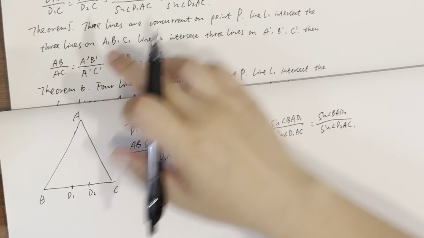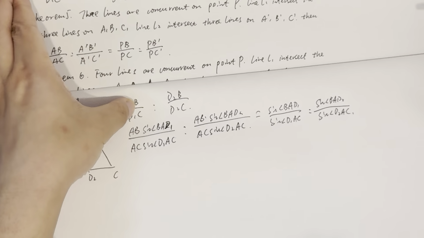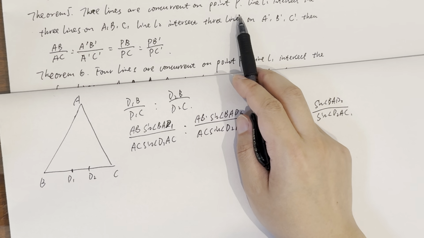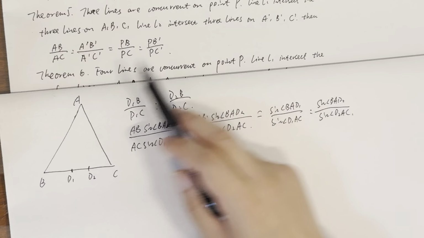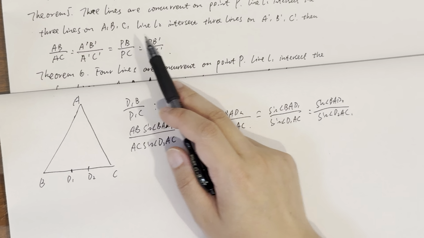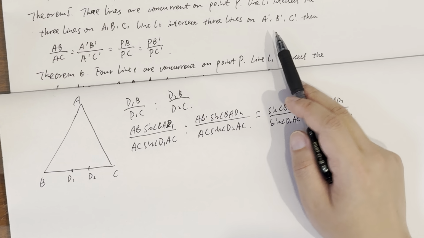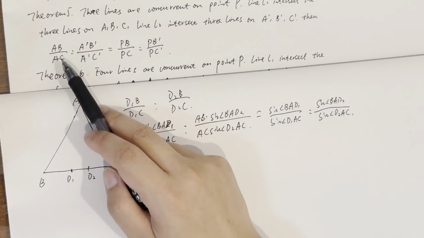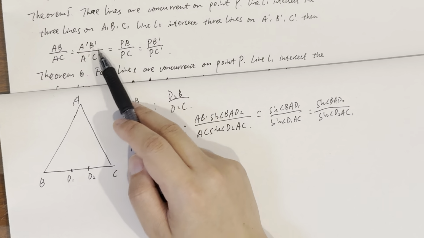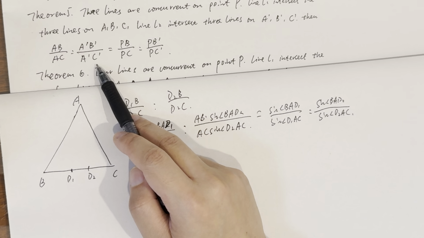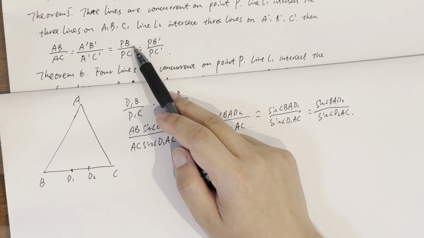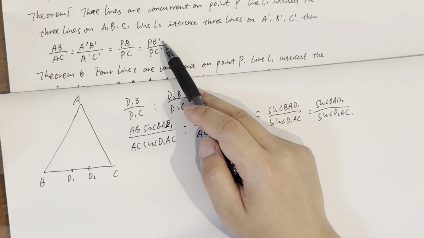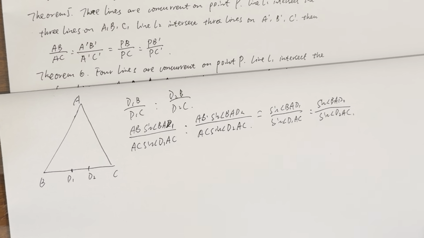For theorem 5, three lines are concurrent at point P. Line L1 intersects the three lines at A, B, C. Line L2 intersects the three lines at A prime, B prime, C prime. Then we have this ratio, AB to AC to A prime B prime to A prime C prime equals PB to PC to PB prime to PC prime, right?